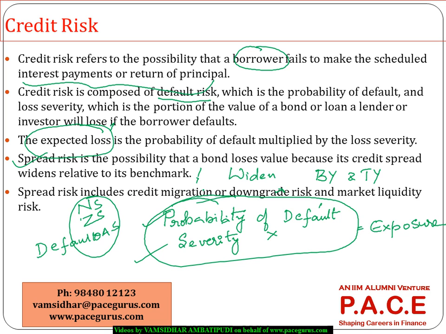It can also be driven by a rating downgrade, or by the liquidity of a particular instrument. If the liquidity is not adequate, there is a chance that you have to pay more. If the liquidity of a particular bond is very low, to compensate for that, my return should go higher and higher, which is also an indicator that the spread is getting widened.